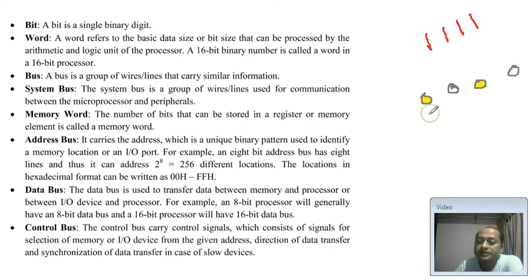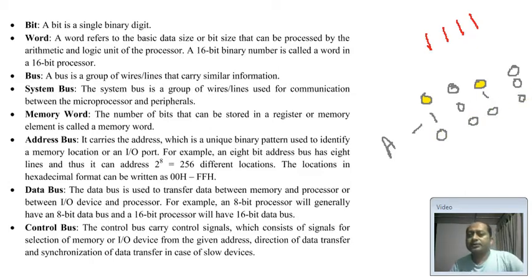That means this is 1, this is 1, this is 0, this is 0, and suppose I call this A. And I again take another 4 torches and make this one on and this on, and both of them off.